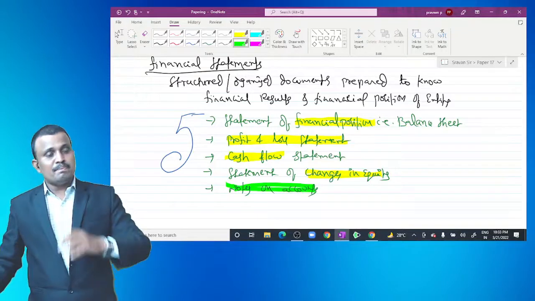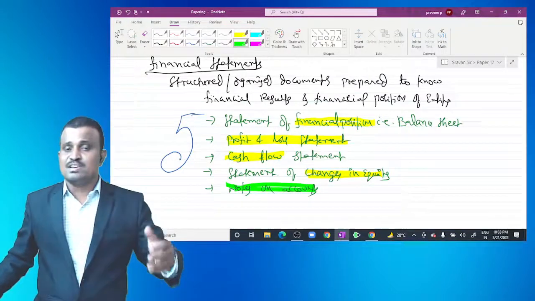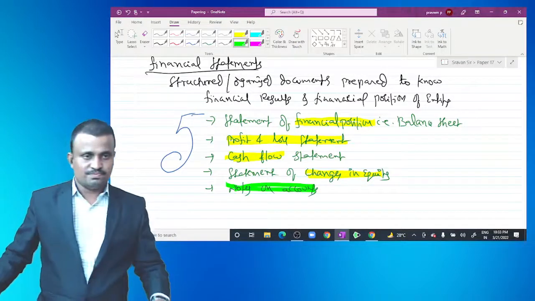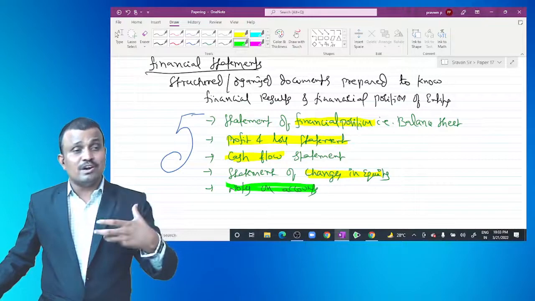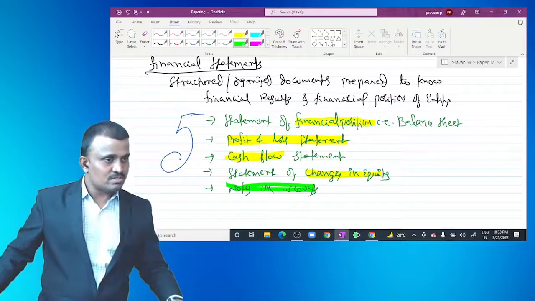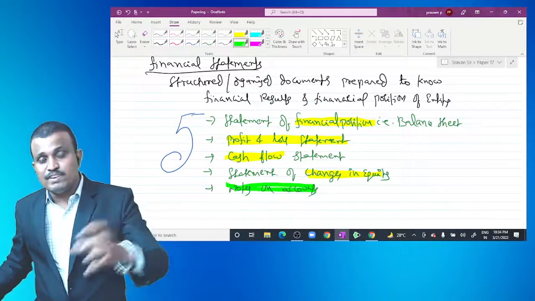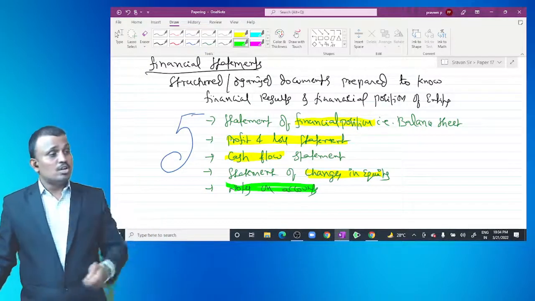While preparing the financial statement, we follow a number of accounting policies. For example, inventory is valued at cost or NRV, whichever is less. Such accounting policies should be disclosed at one place, that is, the notes on accounts.